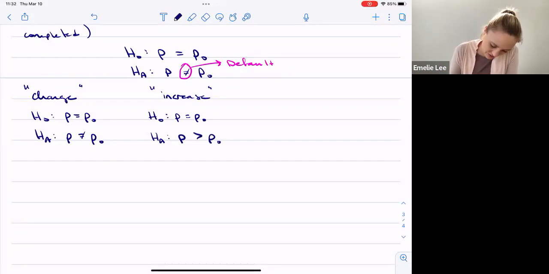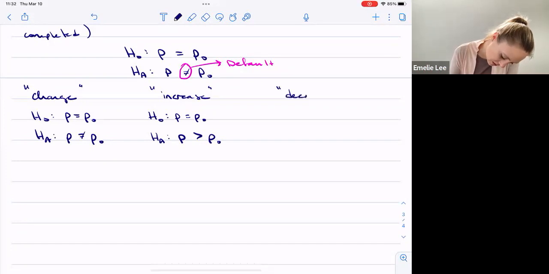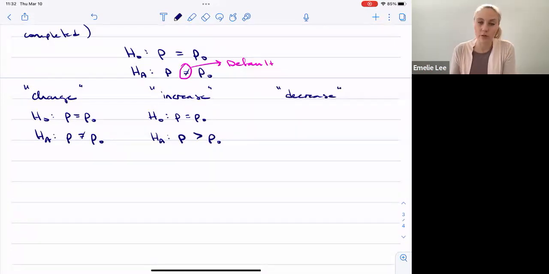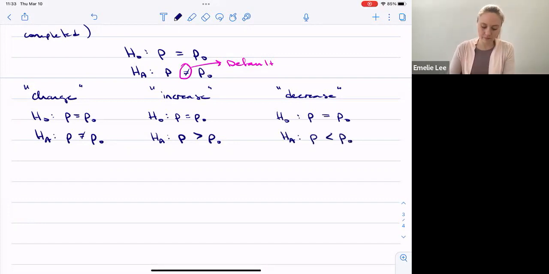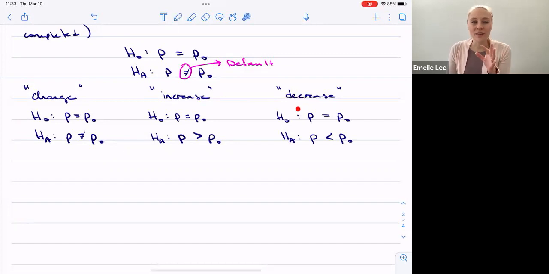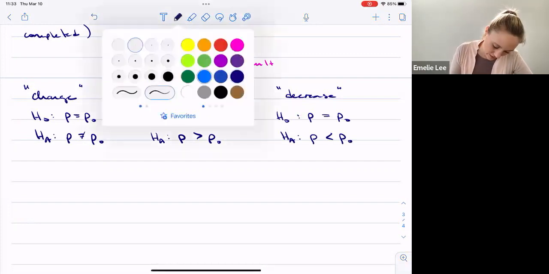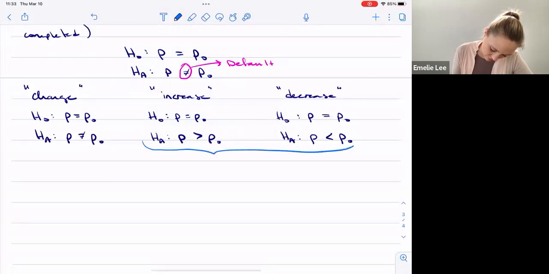Whereas if you want to know if there's a decrease, or it's less than some value or whatever, H naught is that P is equal to P naught, and HA is that P is less than P naught. With an increase or a decrease, we call these one-sided tests, mostly because we're only concerned with one extreme, right? And so these are what we call one-sided tests.